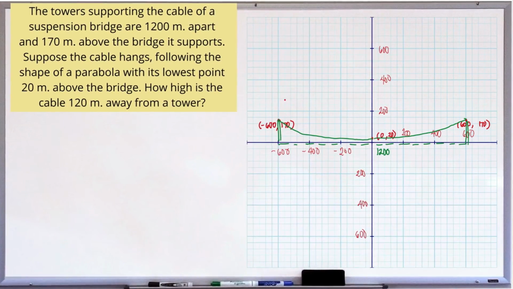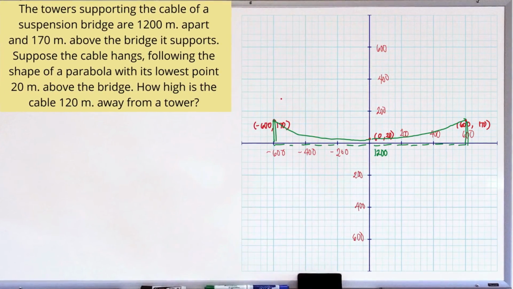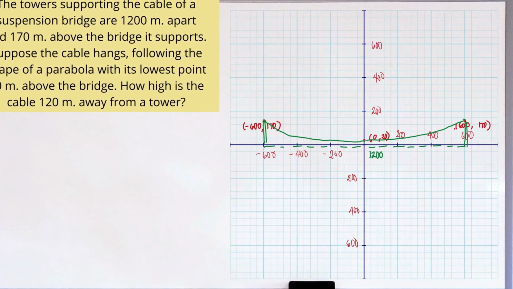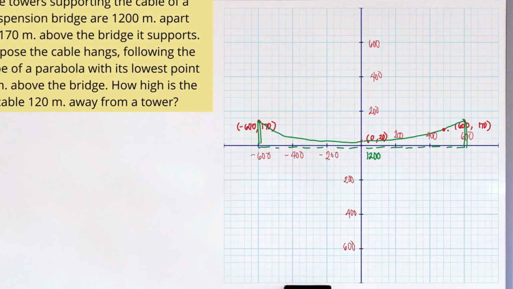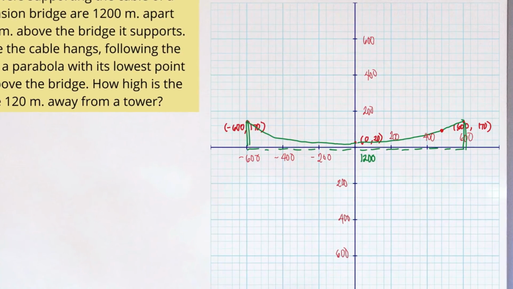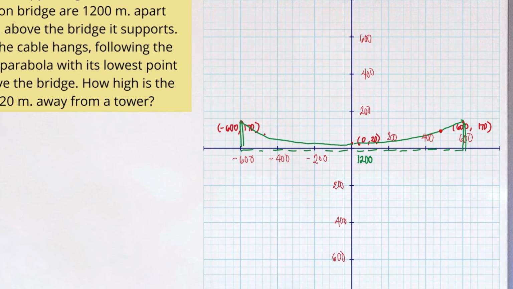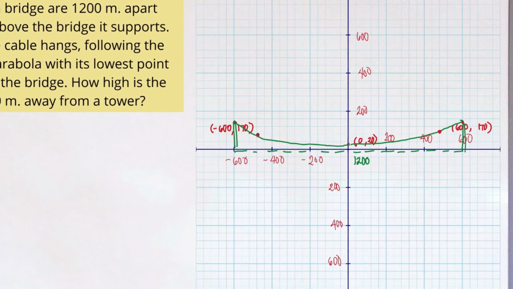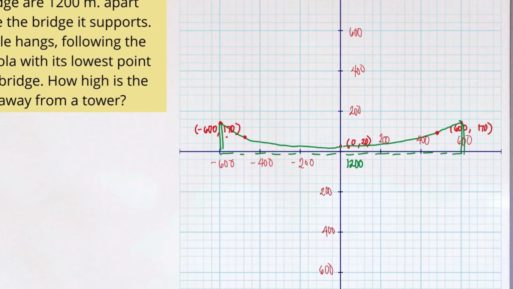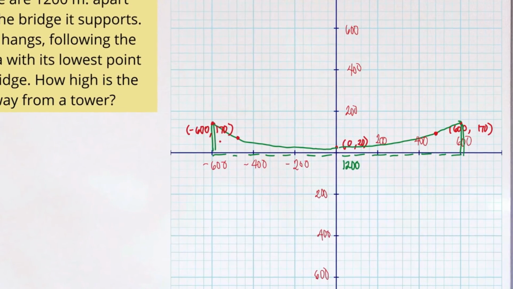Since they are symmetrical, in the Cartesian plane, it would be this point here that is 120 meters away from the tower on the right, or this point here that is also 120 meters away from the tower on the left.